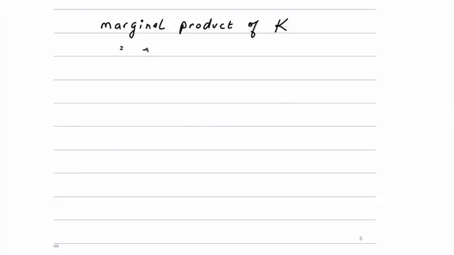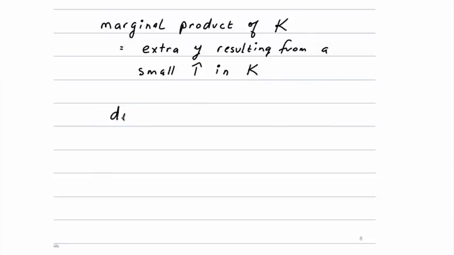What it represents is the extra product or the extra GDP resulting from a small increase in capital. And we usually think about it as a 1 unit increase in capital. How much extra output do you get from that additional unit of capital?